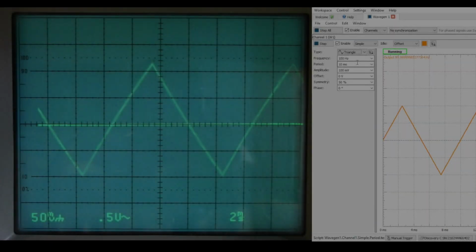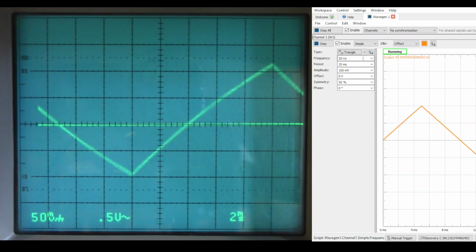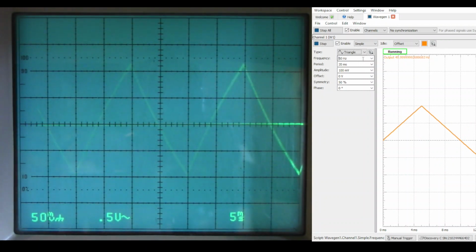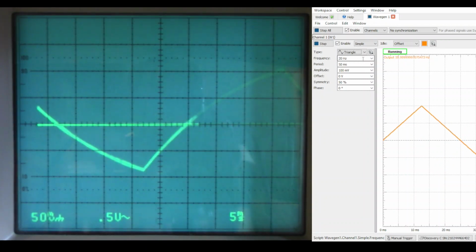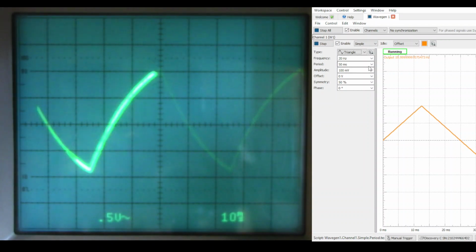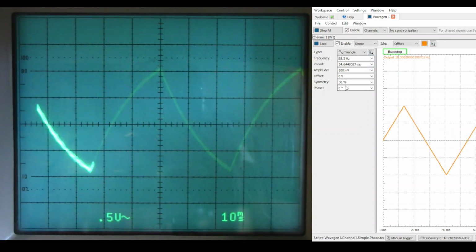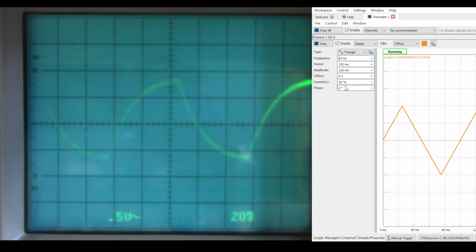You can see that the low frequency response has improved considerably, allowing us to go further down in frequency. Here's 50 hertz and 20 hertz. It looks like that distortion has returned again. We'll try one more time, lower, down to 10 hertz. It looks like we need to add additional capacitance if we wanted to reduce this distortion.